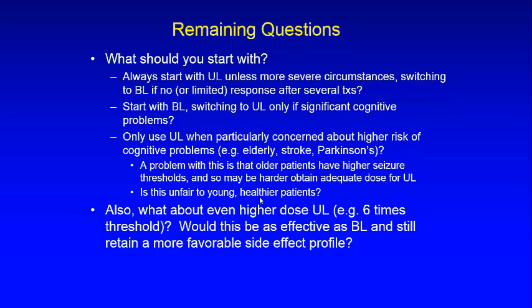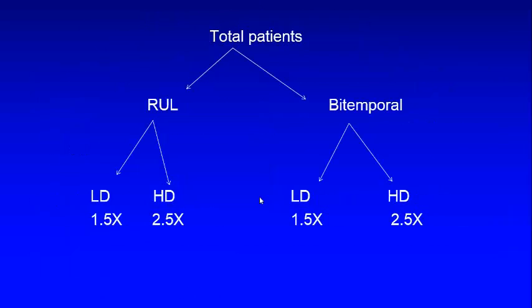If we say, I would only reserve unilateral for those patients who are particularly prone to delirium and memory problems, what if it was you coming in to get ECT, and I'm assuming the person listening to this talk is a psychiatry resident or a medical student, would you prefer to get unilateral to minimize the risk of memory problems, even though that might mean you have a lower likelihood of responding?